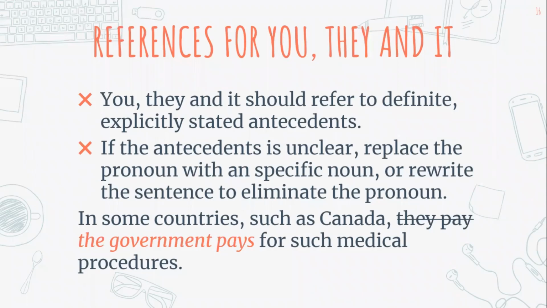So here we have a sentence. In some countries, such as Canada, they pay for such medical procedures. But we'll cross out the they and say the government pays because, obviously, yes, sometimes we refer to countries as they, but again, for clarity, the government pays.